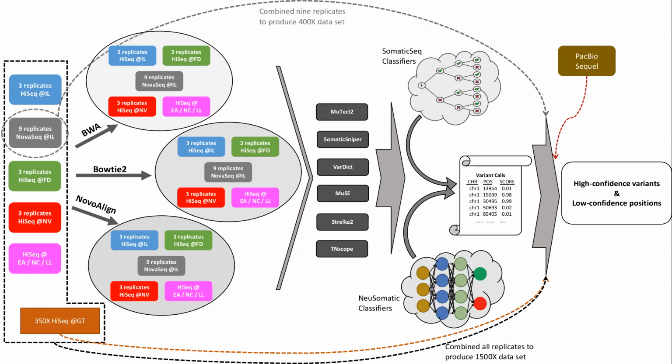And based on the reproducibility across sequencing centers, sequencing replicates, aligners, different algorithms, as well as PacBio, for the variants that we deem high confidence calls, we label them real true somatic variants. And for the variants that we are not totally sure are real or not, we remove their positions.